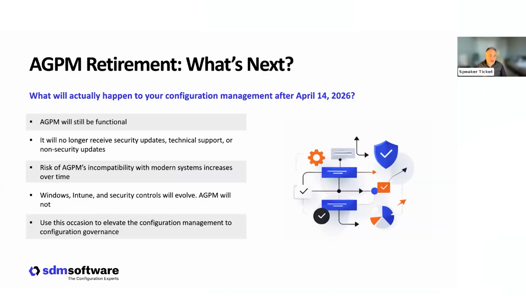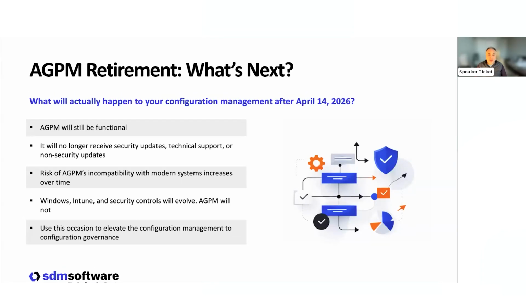For deprecated software, you're not going to be receiving any more security updates or technical support, unless you pay extra for the technical support, and so forth. Then you have the risk of incompatibility with modern systems, which will increase over time, and so forth. So these are some of the considerations that organizations need to consider.